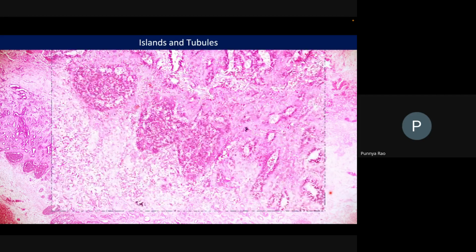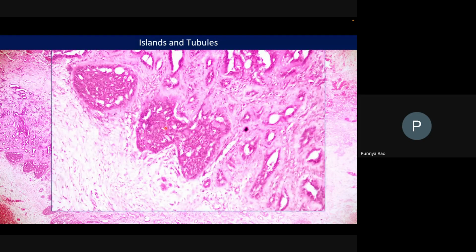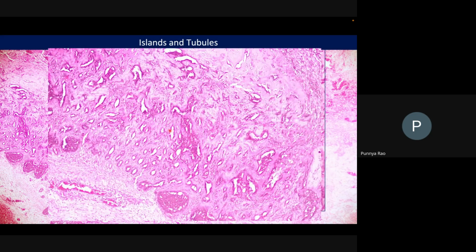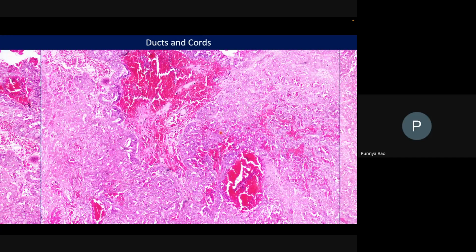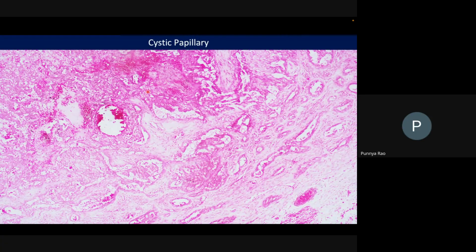This is the high power view of the islands. They are also arranged in the form of tubules. You could also see ducts, some of them arranged in the form of interconnecting cords. Again, you have sheets of cells here. And again, the ducts and cords seen in high power, along with the areas of hemorrhage.